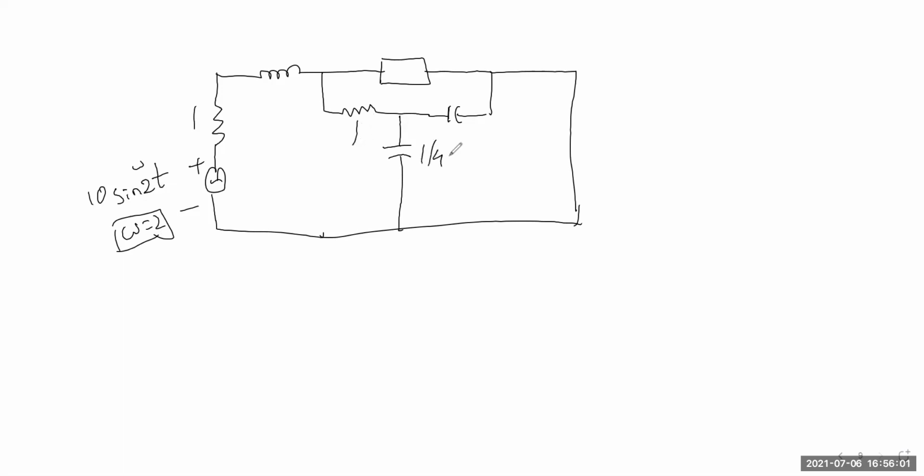This is 1 by 4 F. This is your 1 by 4 F. This is your 1 by 2 Henry. Okay, and this is your Z. A, B. Okay, this is the question.